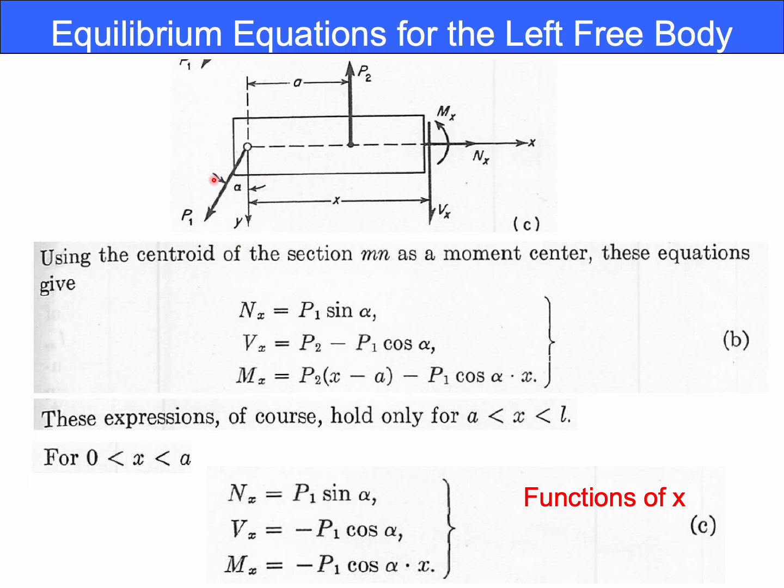So P1 cosine alpha times the distance x. So you are able to obtain all of these three quantities by considering the balance equilibrium only.